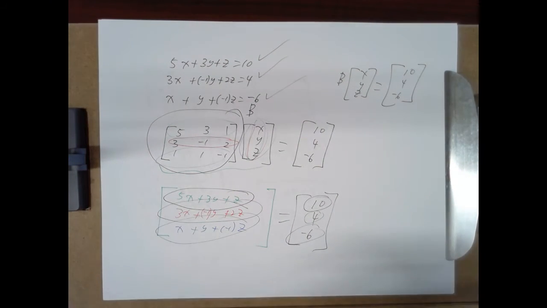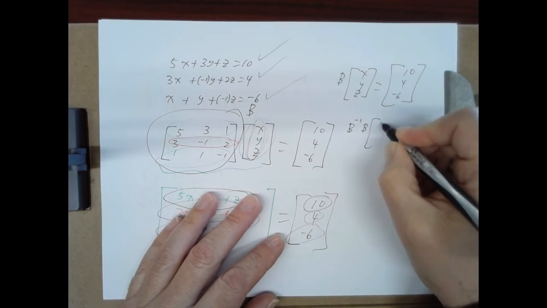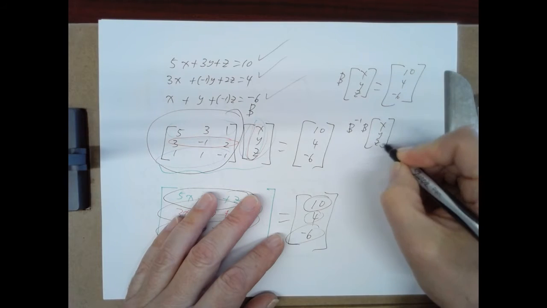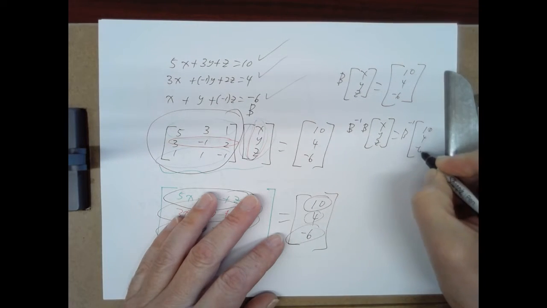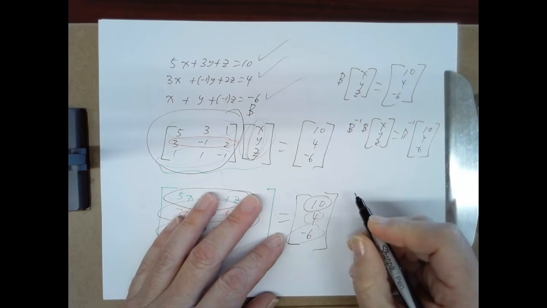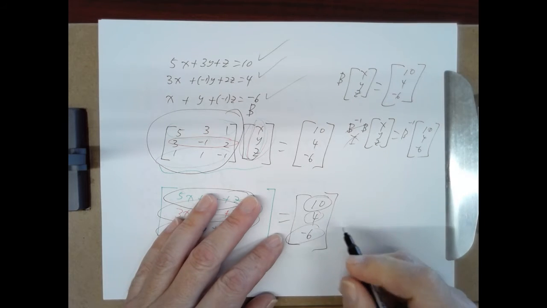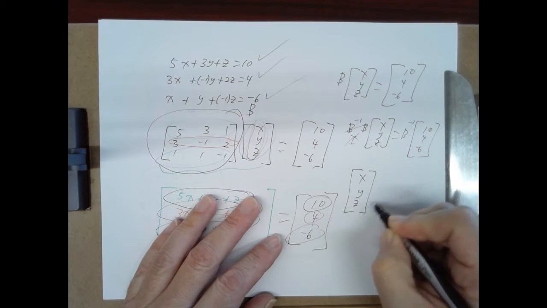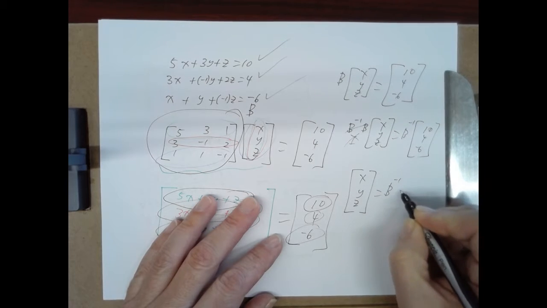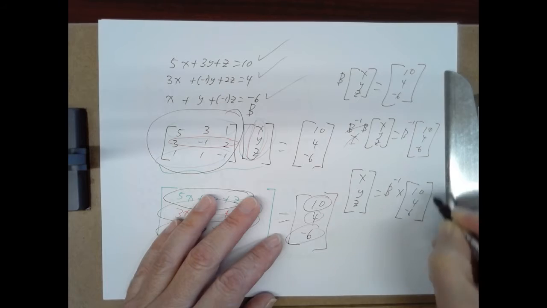If we can find an inverse for B, B inverse times B times X, Y, Z is equal to B inverse times 10, 4, minus 6. And B inverse times B is just the identity, and the identity times X, Y, Z doesn't change it. And so our matrix X, Y, Z will be just B inverse multiplied by 10, 4, minus 6.